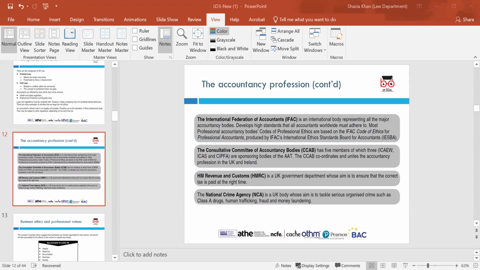It's there for identifying fundamental principles within the elements of the code, which are things like, as I mentioned earlier, integrity, objectivity, professional competence, due care, confidentiality, professional behavior. These are something that accountants must follow in regards to the code. And it's a framework that sets out to deal with ethics and independence.